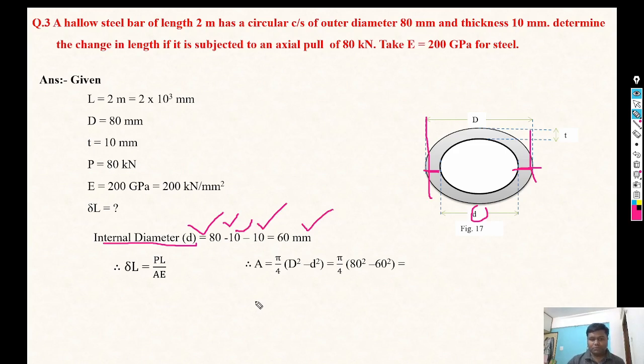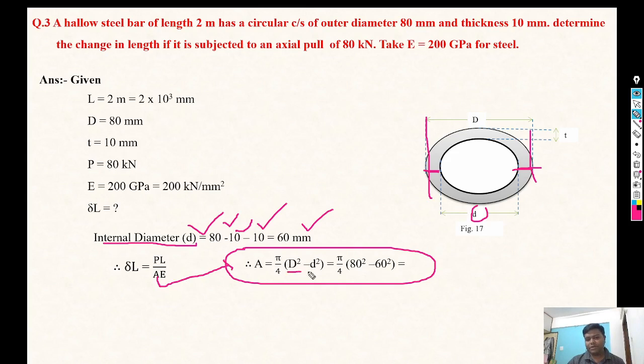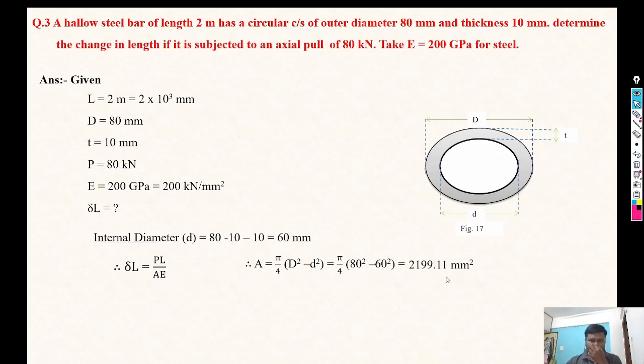Now we require area for the calculation of change in length, and the formula for area is pi by 4 into D square, meaning outer diameter square minus small diameter square. Once you solve it, we get the area of that hollow circular section as 2199.11 mm square.